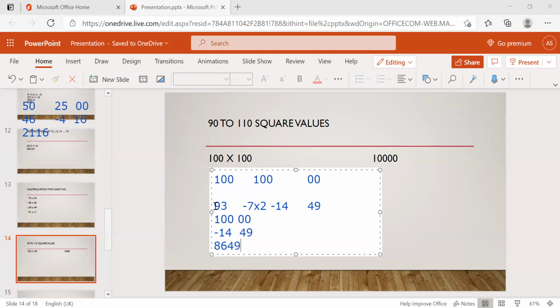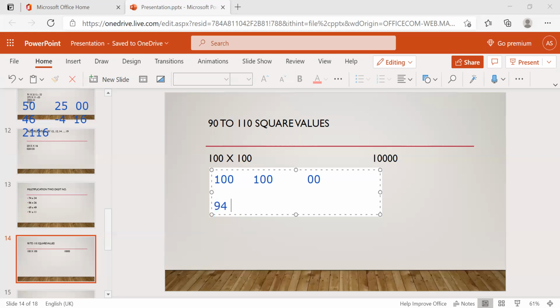Okay. We'll check some more numbers, then you people will get a better idea. 94 square. What's the difference? 6, minus 6 into 2. What's that? Minus 12. And what's the 6 square? 36 as it is. Now 100 and 00. What's that 00?